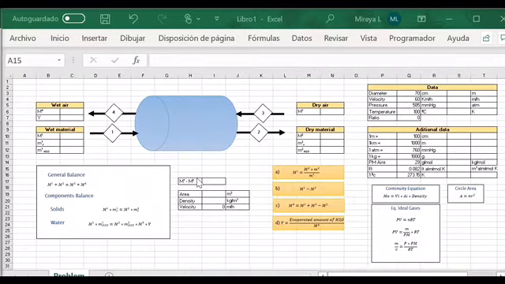First, we will introduce the information that is already provided in the problem. For the wet material current, we have a 60% composition of solids and 40% of composition in water. For dry material current, we have the mass and we have the composition in water. So the composition in solid will be 1 minus that composition.